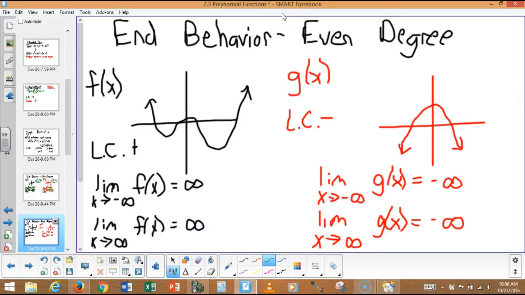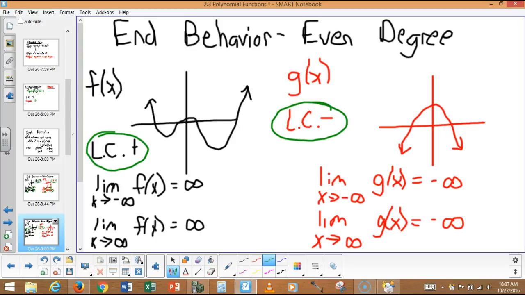Similar idea when we're talking about functions that have an even degree. Okay, even degree. That means our degree is going to be 2, 4, 6, 8, and so on. Again, we have 2 different situations. Our leading coefficient can be positive, or the leading coefficient could be a negative value.